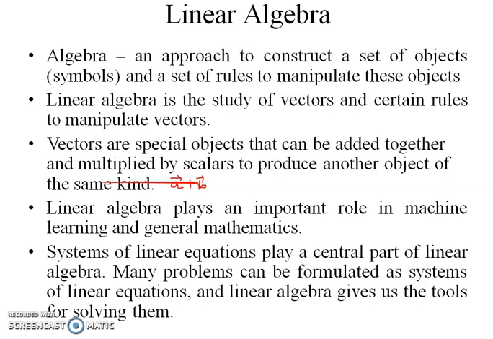When these two vectors are summed, you get another vector, vector C. So vector A and vector B sum up to give vector C.